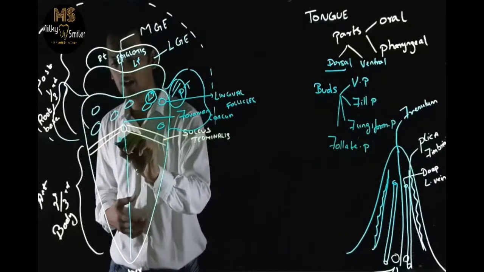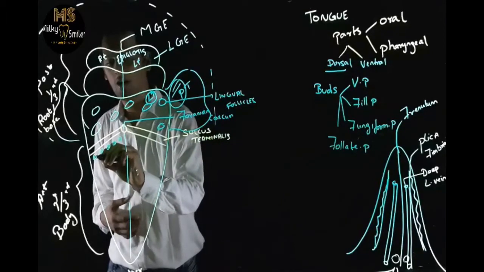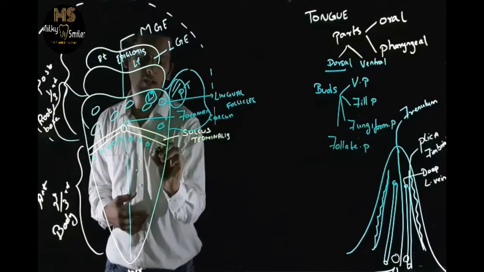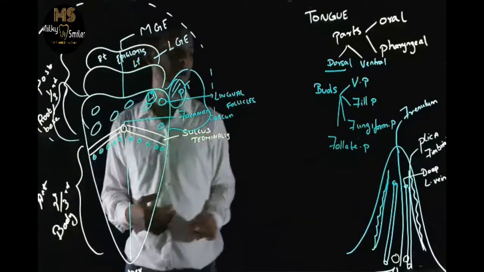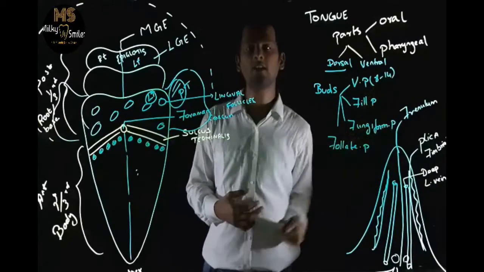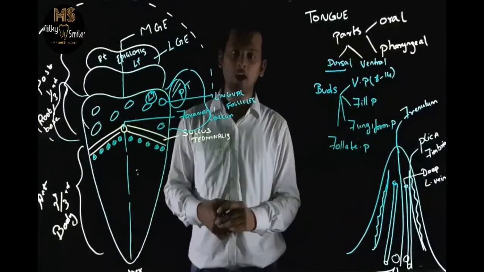They are circular in nature and are found immediately anterior to the sulcus terminalis. They are found 8 to 14 in number. The second one is your foliate papillae.